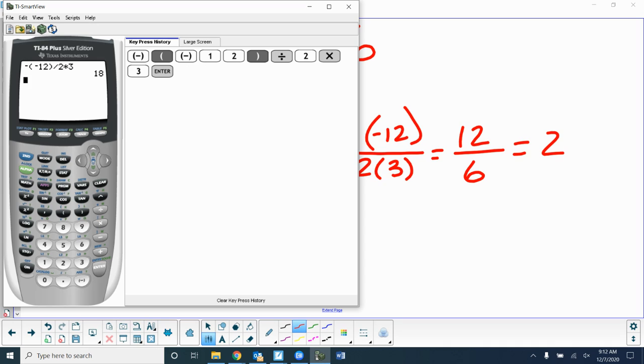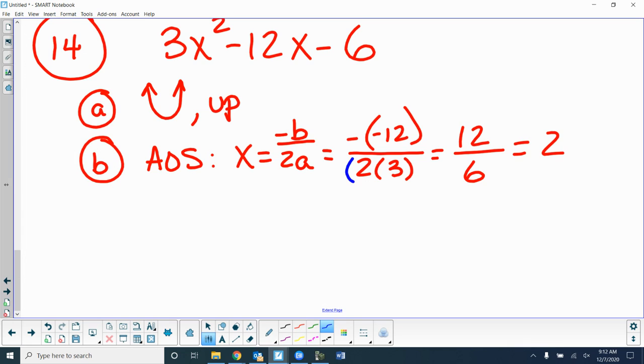So it thinks it wants you to do 12 divided by 2, which is 6, then times 3, which is 18. Okay? But that's not really what's going on here. You need to add that extra if you're going to use the calculator. Again, I don't see the reason for using a calculator. You should know that 2 times 3 is 6. You just know that 12 divided by 6 is 2. That's just me. All right?